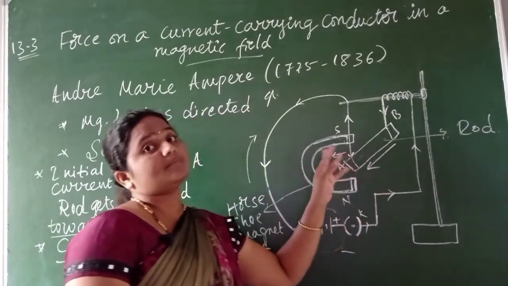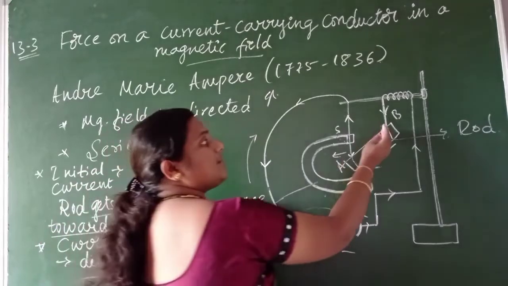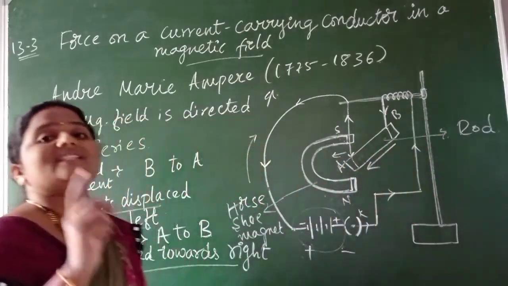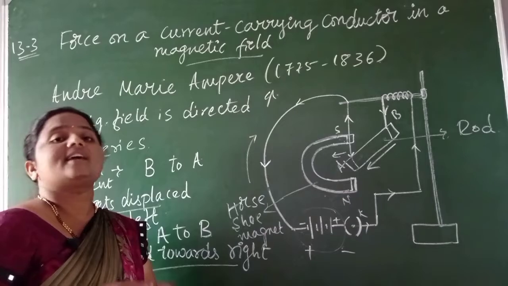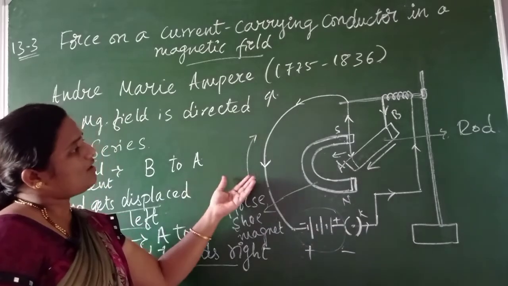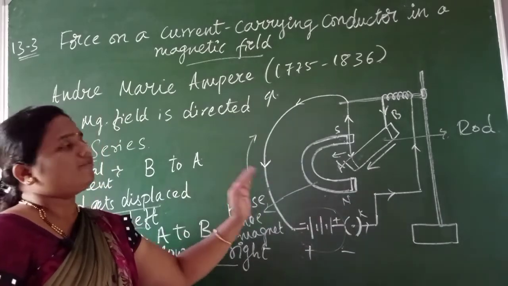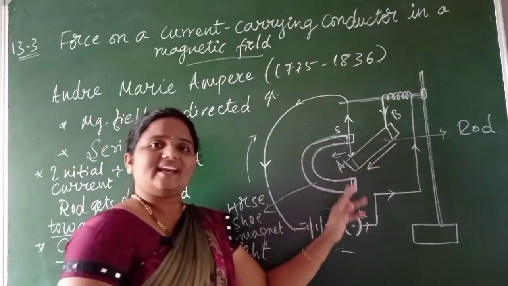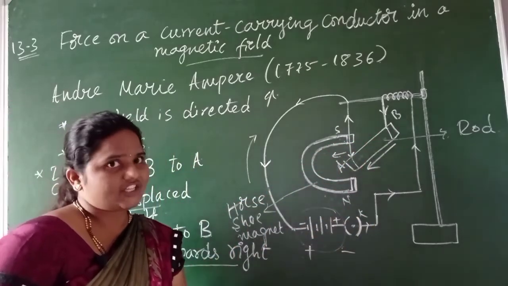Initially it displaced towards the left, now it is displacing towards the right. So from this activity we can conclude that there is an equal and opposite force on a current carrying conductor. Got my point, children?